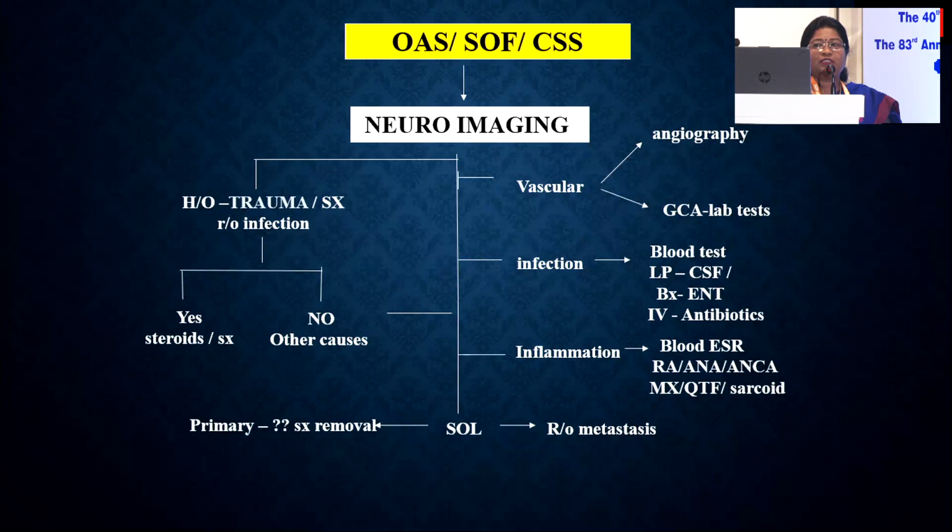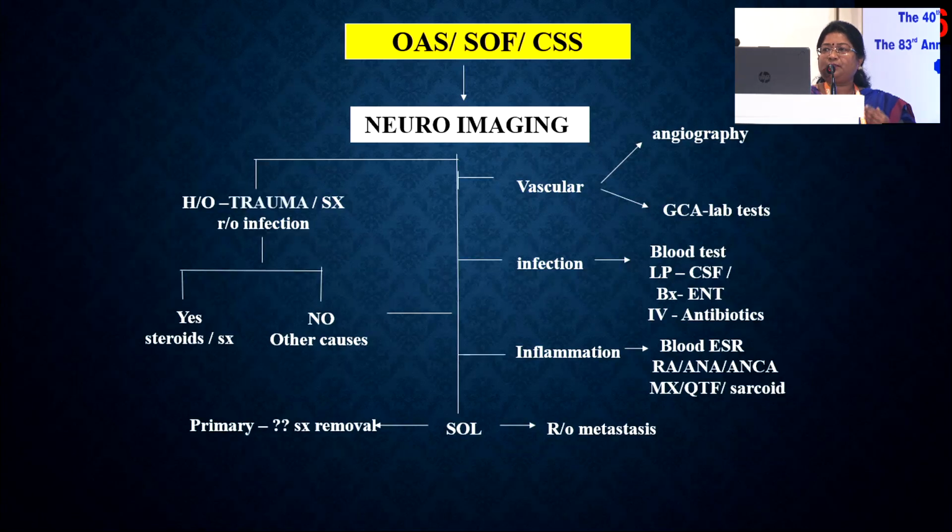This is the algorithm we follow for the orbital apex. The first thing is to get imaging simultaneously, and if there is a history of trauma or surgery, rule out an infection, because the next step is to plan steroid therapy. If there is no possibility of infection, you can move on with steroids. If it's a mass, it might be a space-occupying primary lesion or metastasis.